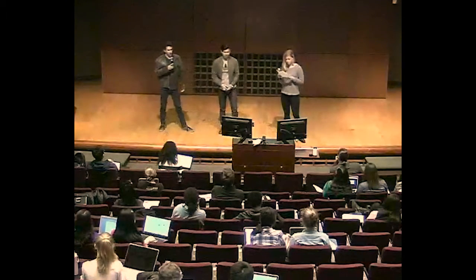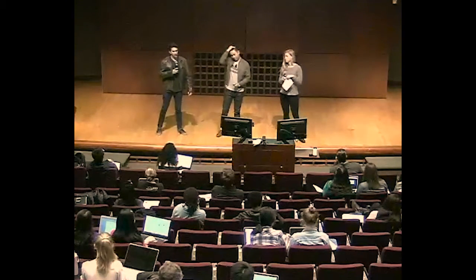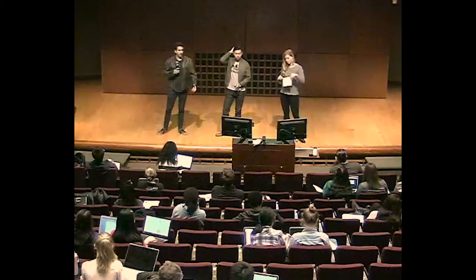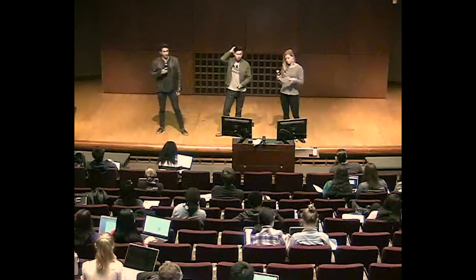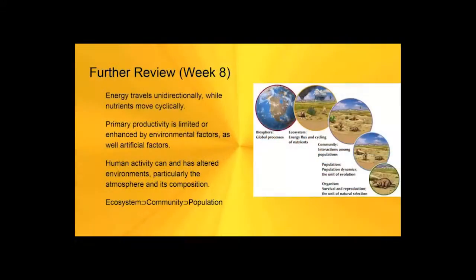All right, so this was the second lecture we had, and it's just the highlights of it. The main things you wanted to get out of that was that within an ecosystem, energy is going to travel unilaterally, meaning it only goes into whatever eats the next thing. It doesn't cycle back through, while nutrients tend to be recycled.